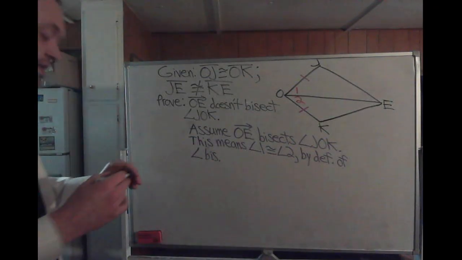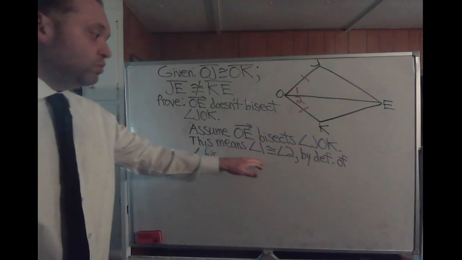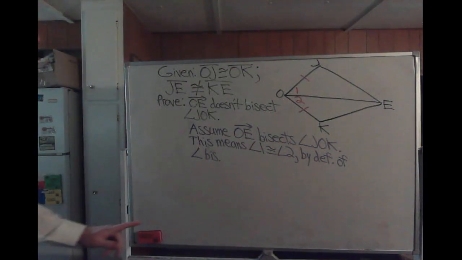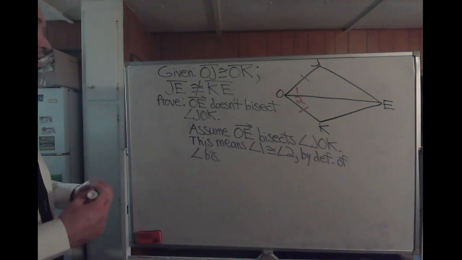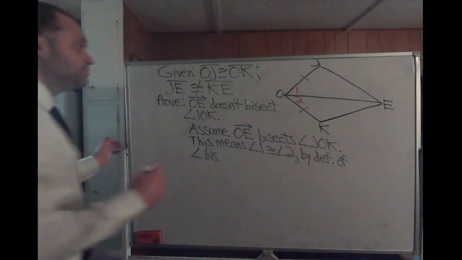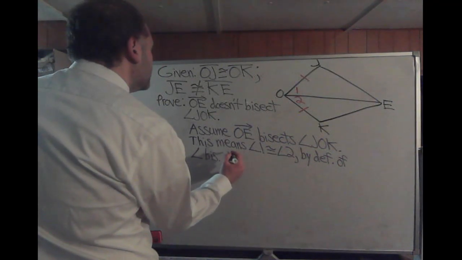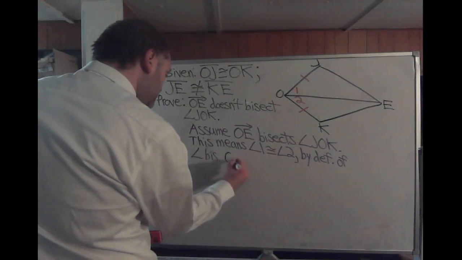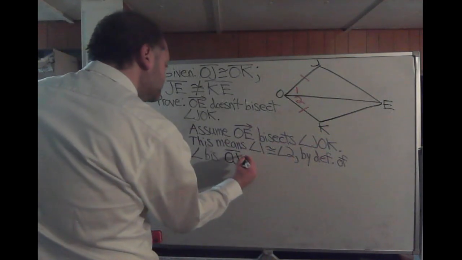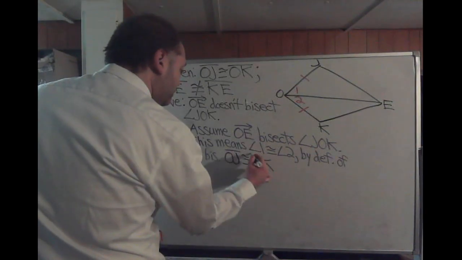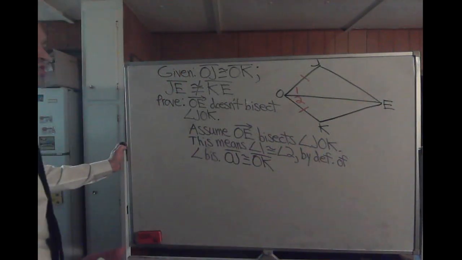We want to say why that is. This means angle 1 is congruent to angle 2 by the definition of angle bisector. Then we can say that OJ is congruent to OK. You can use given information in your indirect proof. That's just fine.